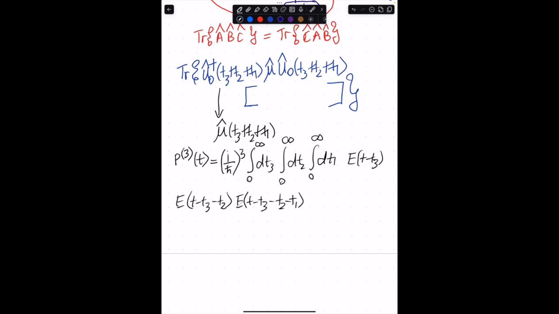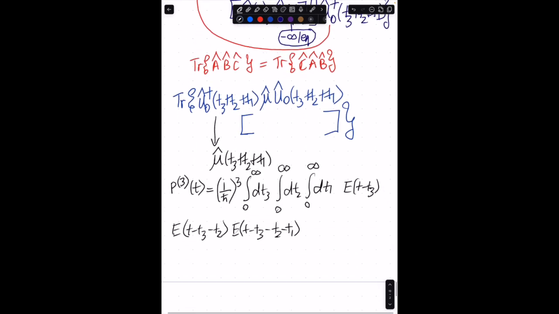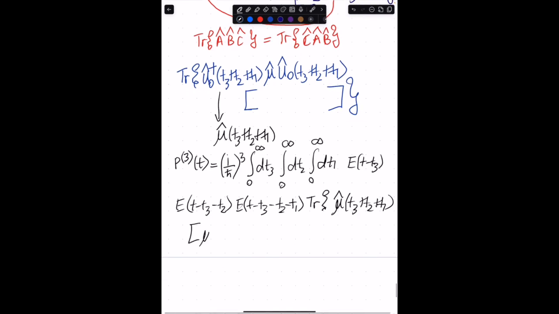So you have the three electric fields, and then after that you have this trace, the trace of U mu hat (t3 plus t2 plus t1), and then the commutator which contains the dipole operators, nested commutator. So I will rewrite this and then we can proceed with our derivation.